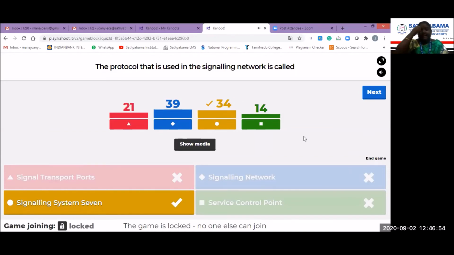The correct answer is Signaling System 7, SS7. The protocol used in the signaling network is called SS7, Signaling System 7.